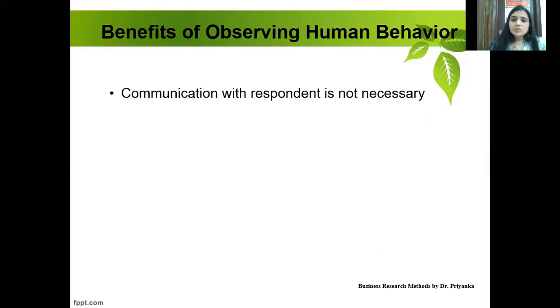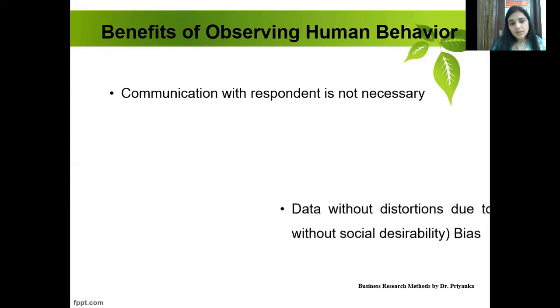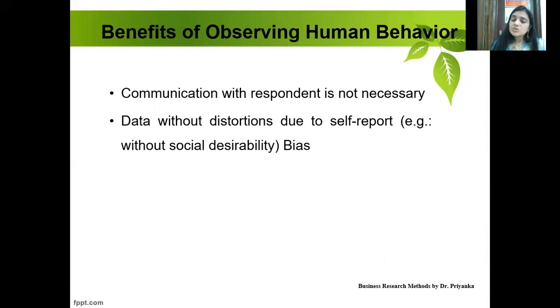Benefits of observing human behavior are: communication with the respondent is not necessary, because here you are actually just observing the behavior. So you do not have to ask them questions, right? Then data without distortions due to self-report can be generated. There would be no bias of social desirability.